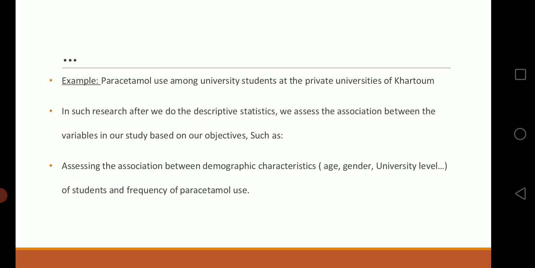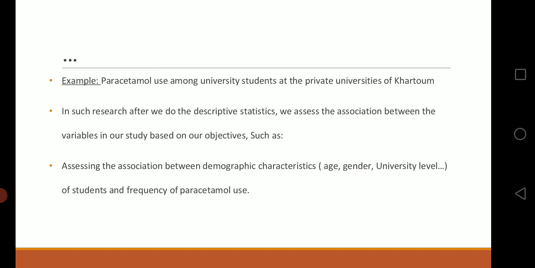Meaning different ages used paracetamol in different frequencies, but there is no association or no difference in the frequency of use. Meaning we cannot say the age group such-and-such has more frequency of paracetamol use than the other age group, for example the older age. Okay. The null hypothesis will assume that there is no difference or there is no association.